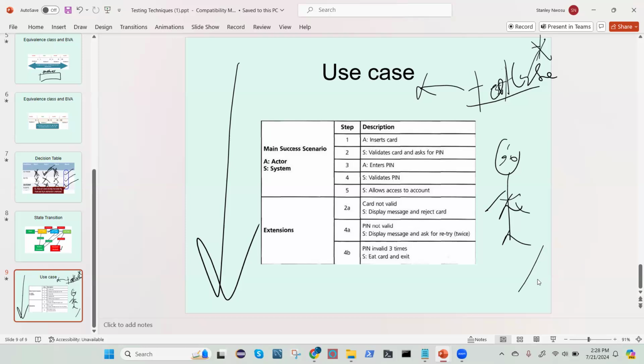If the PIN is not valid, it displays an error message, and if you enter the incorrect PIN three times, it will block your ATM card. All right, so that's what the use case is about. These are the testing techniques.